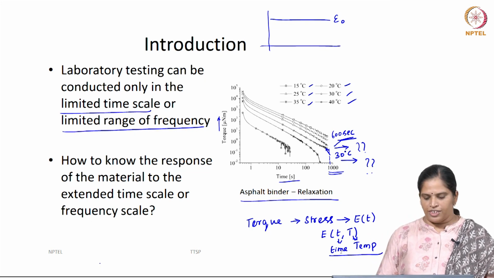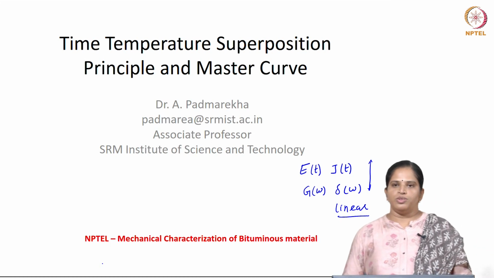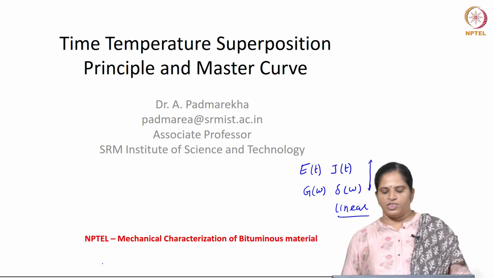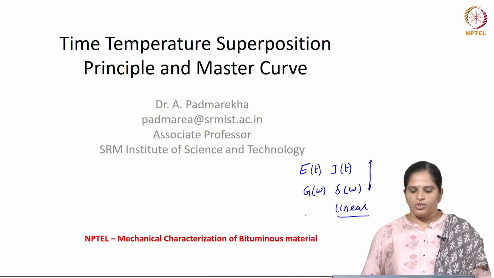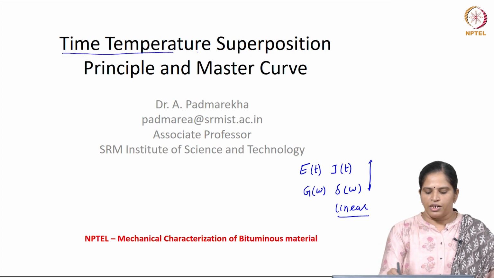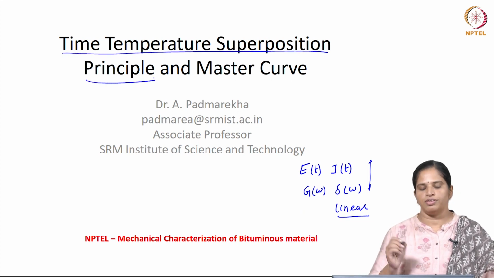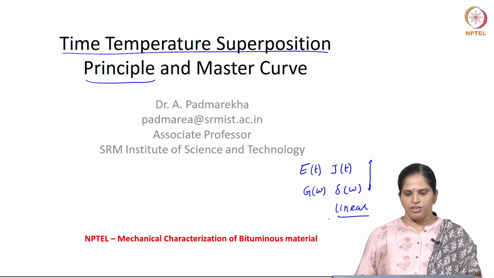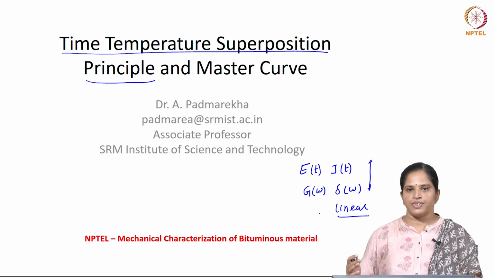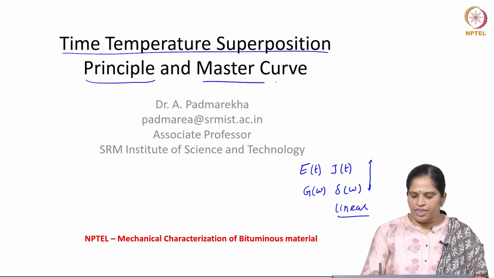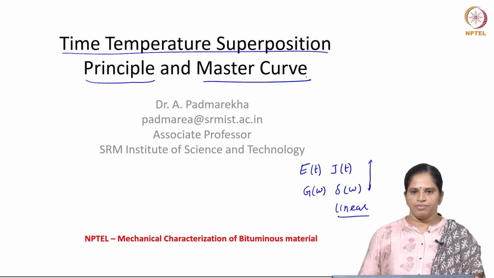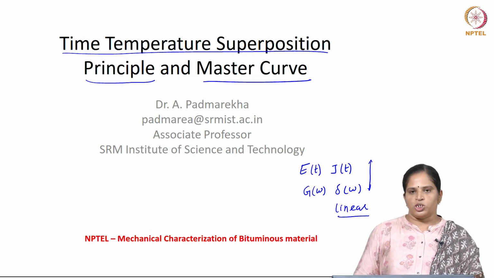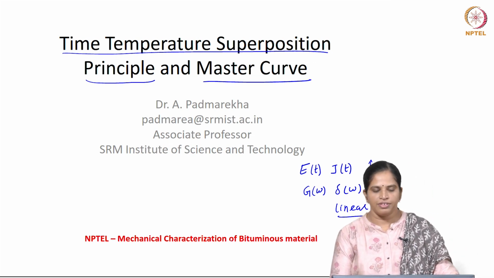So, for doing this, we are going to use a time and temperature equivalency factor. So, we call it the time temperature superposition principle. So, using this time temperature superposition principle, we are going to extend the limit of frequency or time scale and construct a curve called a master curve for bituminous mixtures or a bituminous binder.